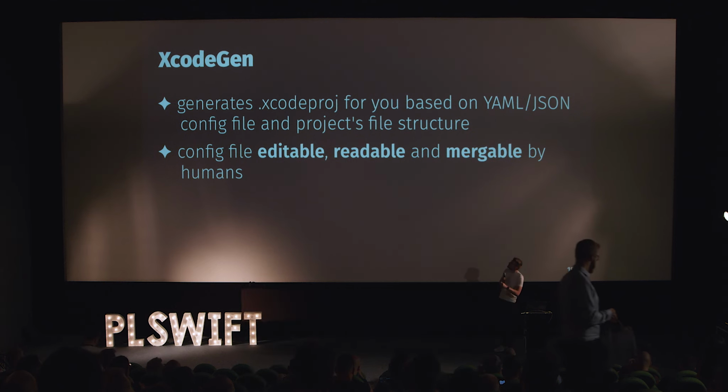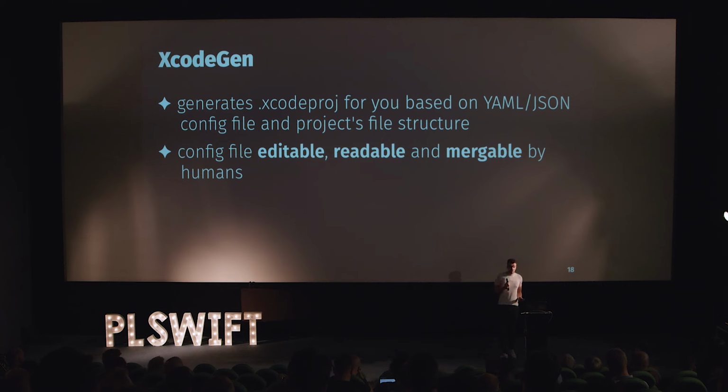And to be honest, the mergeable part is just an afterthought because in most cases, you won't have any conflicts in your project YML because first, you won't edit it that much because you once set it and then you leave it. And even if you do change it, there won't be many cases where you would change it simultaneously with one of your colleagues.